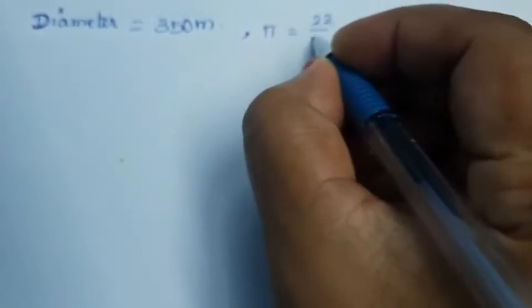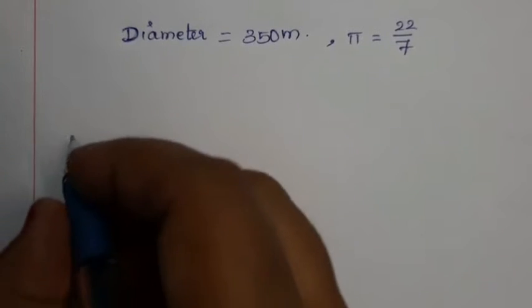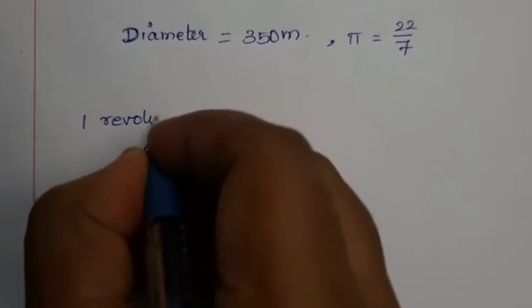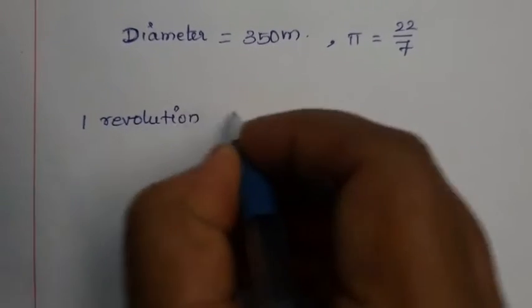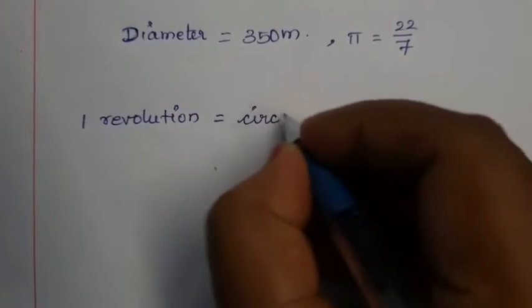And we know that the value of pi is equal to 22 by 7. Here we can say that 1 revolution is equal to the circumference of the ground.